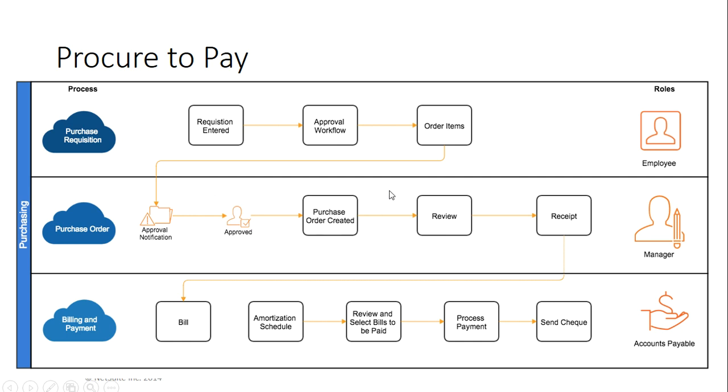And after reviewing those items in the purchase order, maybe a receipt will be done, and a bill payment will be given to the vendor. After that, the controller will handle the bill payment and review, select bills to be paid, and do all those payments.